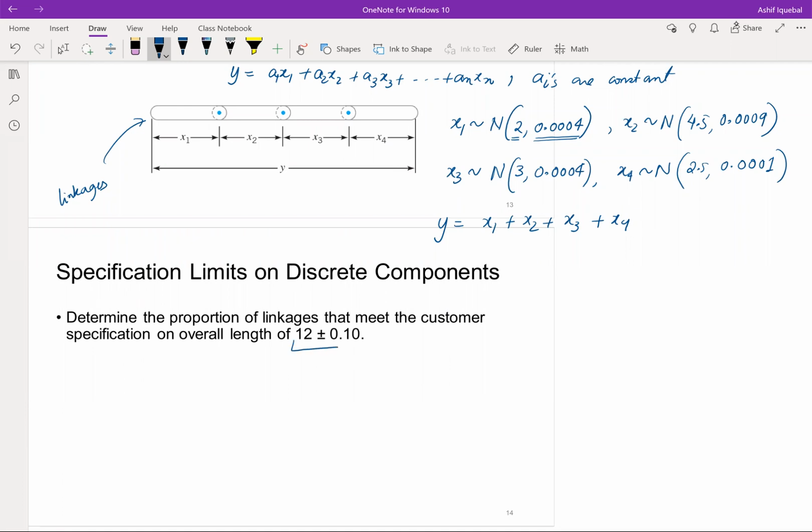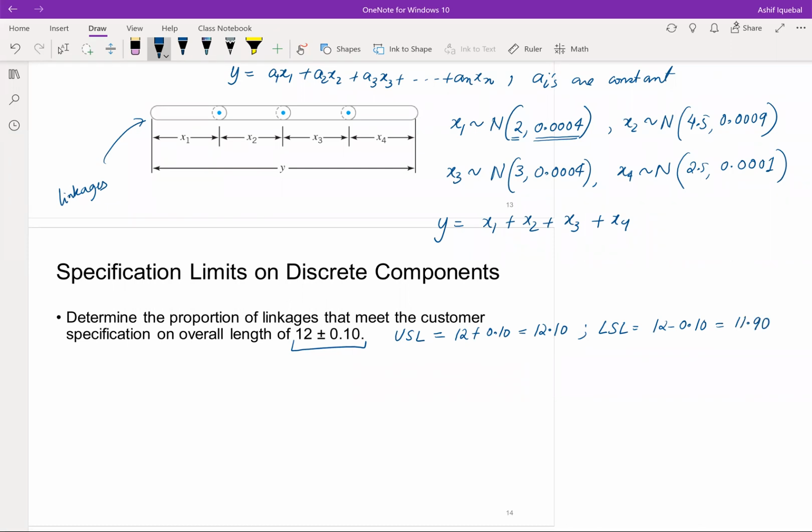That means USL is 12 plus 0.10, which is 12.10, and LSL is 12 minus 0.10, which is 11.90.